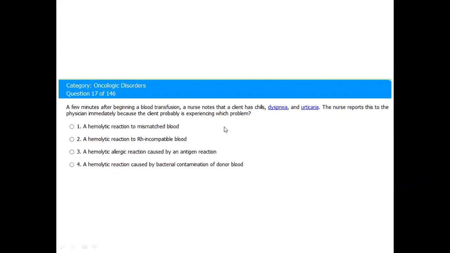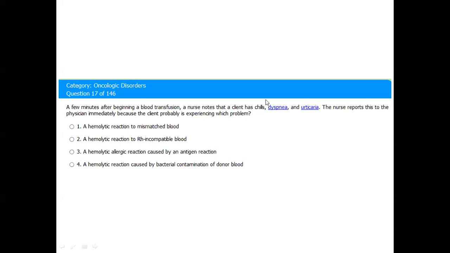When the patient has an allergic reaction, we can see facial flushing, a skin rash, hives, or the patient develops urticaria. So whatever kind of reaction occurs, we call it a blood transfusion reaction, and we always stop the blood transfusion and notify the healthcare provider.